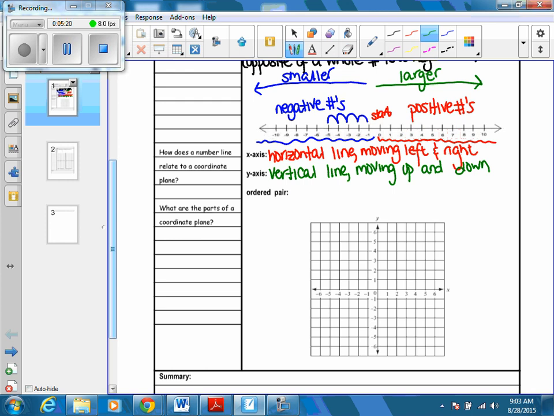The next thing that we have to talk about as far as a coordinate plane is concerned is called an ordered pair. An ordered pair is a point identified by x and y.